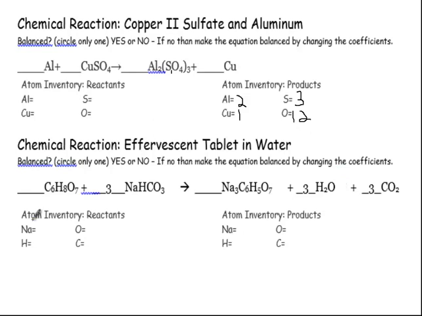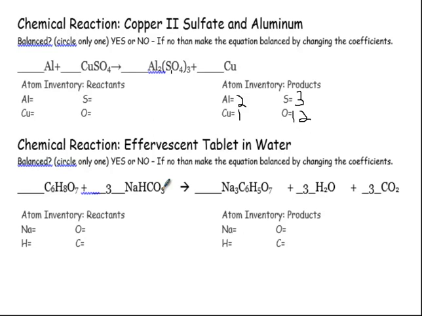So you need to check how many C's on the reactant side, including both elements or molecules. How many H's, including both atoms or sets of atoms in the reactants. How many O's. Do not forget to multiply your coefficient times the subscripts that are present. Okay, so this is going to be really important. Do not forget to do so.